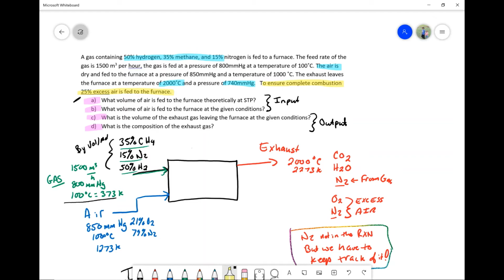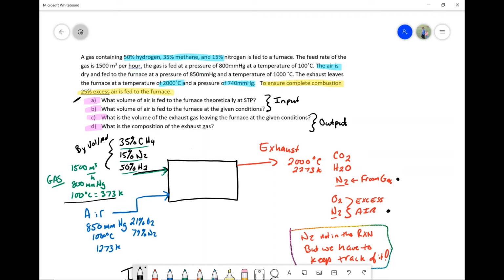And so we have four constituents really. We have nitrogen coming from two places, and so this is a gas that gets pretty tricky. We have nitrogen coming from the gas, and nitrogen coming from the air.